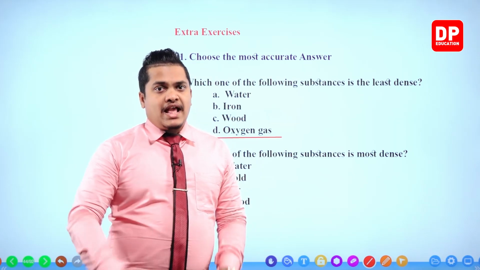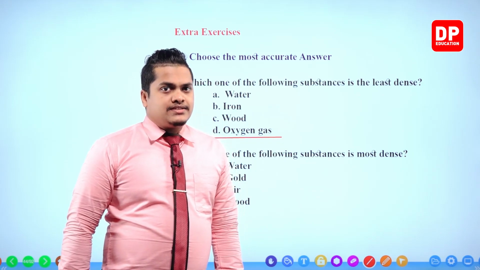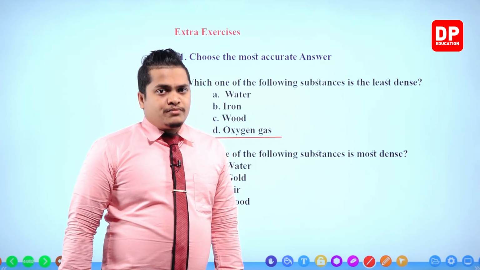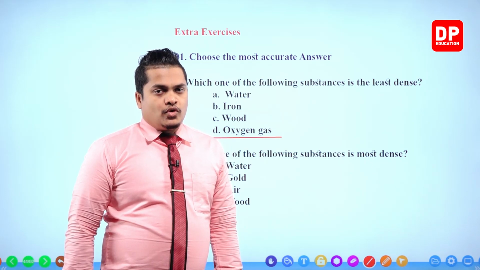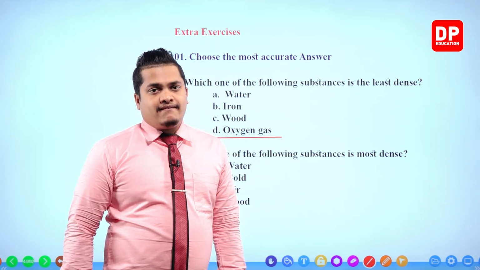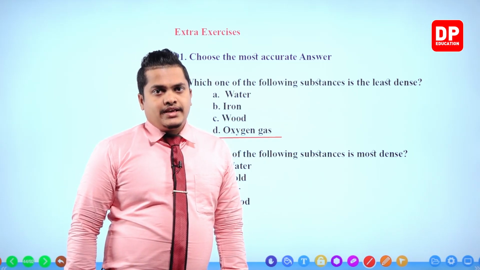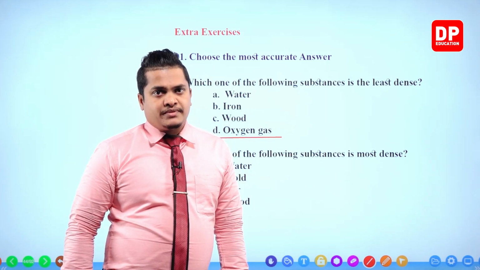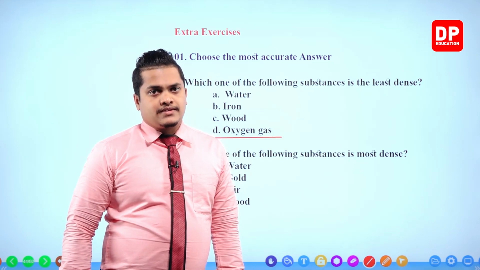That means they will have a high density. So to have a high density, the particle arrangement should be tighter, right? So most of the time solids have very high densities, as the particle arrangement is tighter than in liquids and gases.